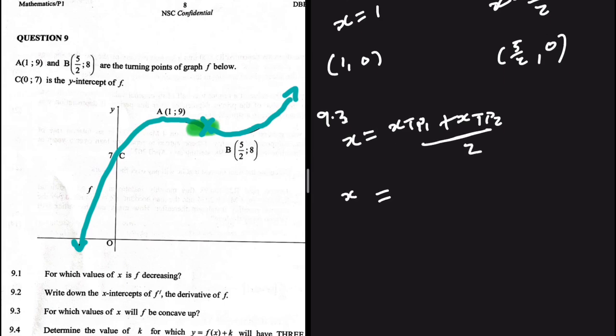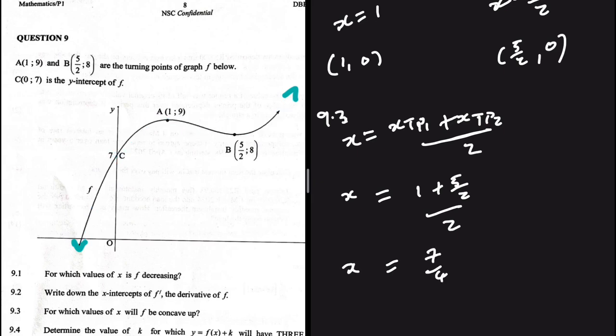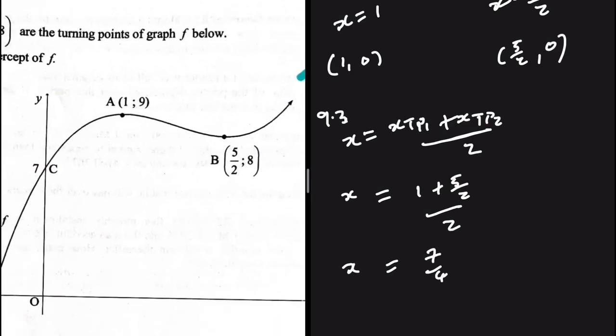So x is equal to 1 plus 5/2 divided by 2. I put that in my calculator: 1 plus 5/2, everything divided by 2. I'm getting 7/4. So x is equal to 7/4. So this point that we're interested in between a and b is 7/4.